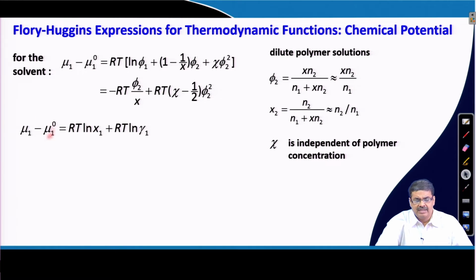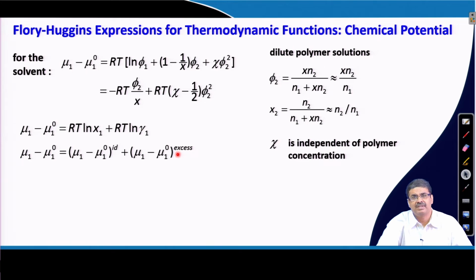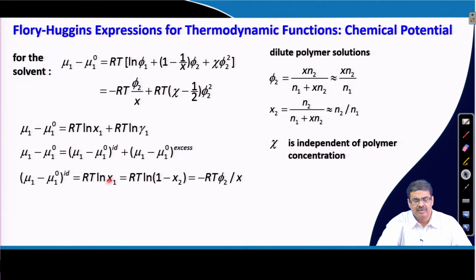We know that this can be expressed for a real solution as this, which has two parts, one ideal part and another excess part, which quantifies the deviation from ideality. Now, x1 can be expressed as 1 minus x2. So, we can write this, and mathematically we can write this, the ideal component.